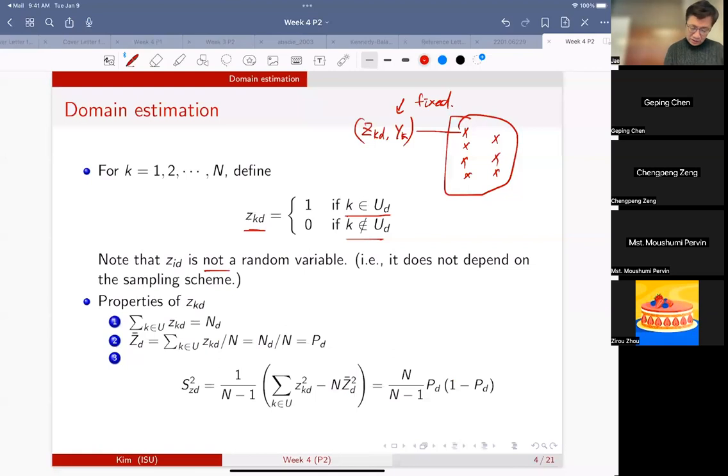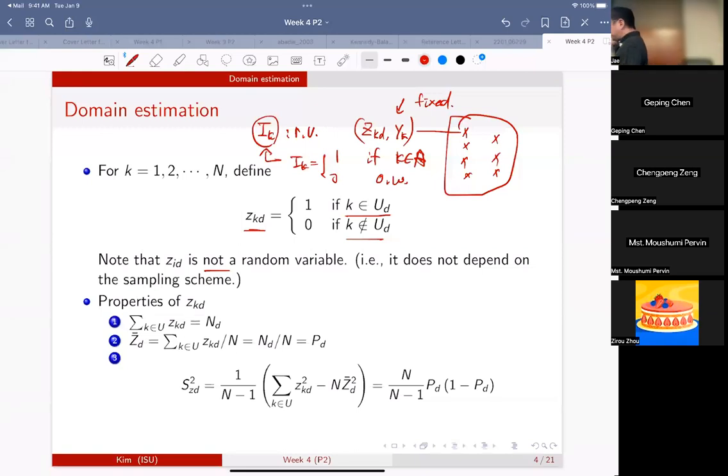While the indicator function I_k is a random variable. I_k equals 1 if k is in the sample, and otherwise 0. This is random in the sense that if you repeat your sample selection, then you will have different values of I_k.